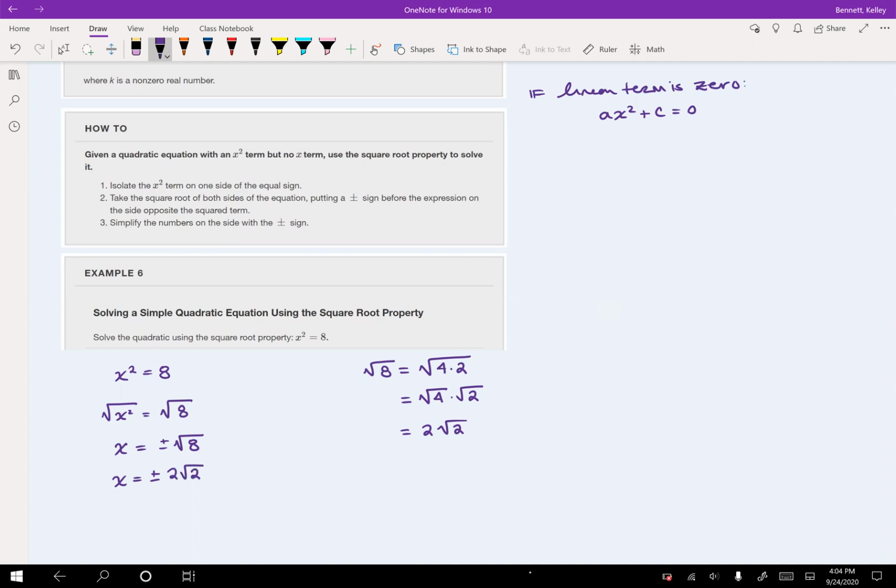So that is to say, if I'm looking at a solution to the equation, x squared equals 8, here's how I would write it out in a full sentence.